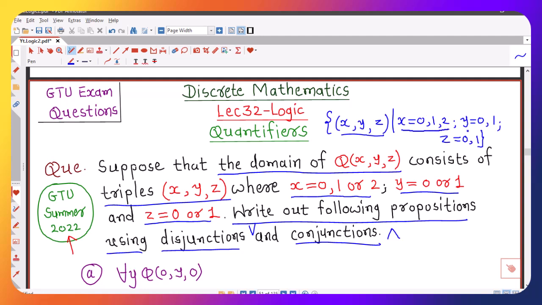For example, we can have 0, 1 and 1 in this domain because x equal to 0 is allowed, y equal to 1 is allowed and z equal to 1 is allowed. But we cannot have 0, 2, 1 in this domain because here y equal to 2 and y is 0 and 1 only. So this is not in the domain. That is the meaning of the domain of Qxyz.